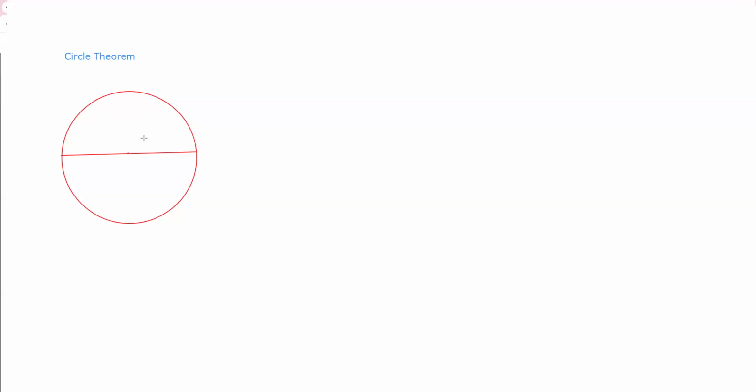So I'm going to explain it in layman terms, meaning ordinary terms. So let's say this line here is going through the center, right? So specifically, it must go through the center.